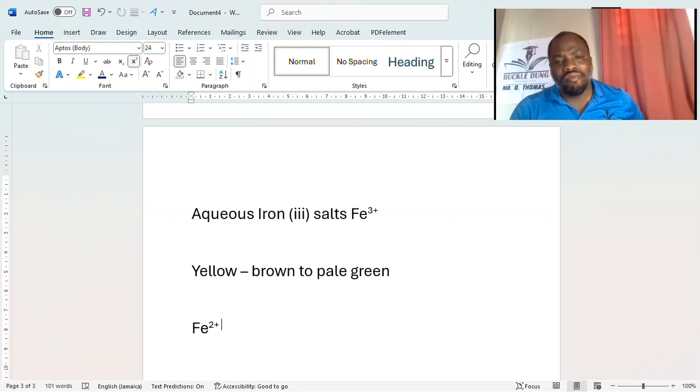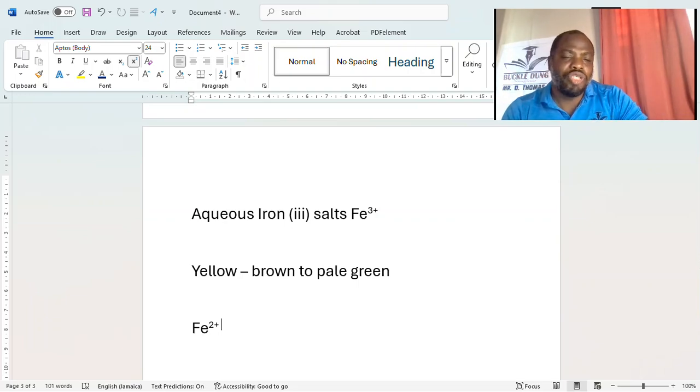We would not have spoken about electrons in the previous ones, but this is more fitting. We can look at it in the others as well. What this says about the iron 3+ is that we know it has lost 3 electrons, and that's why you have that oxidation number.